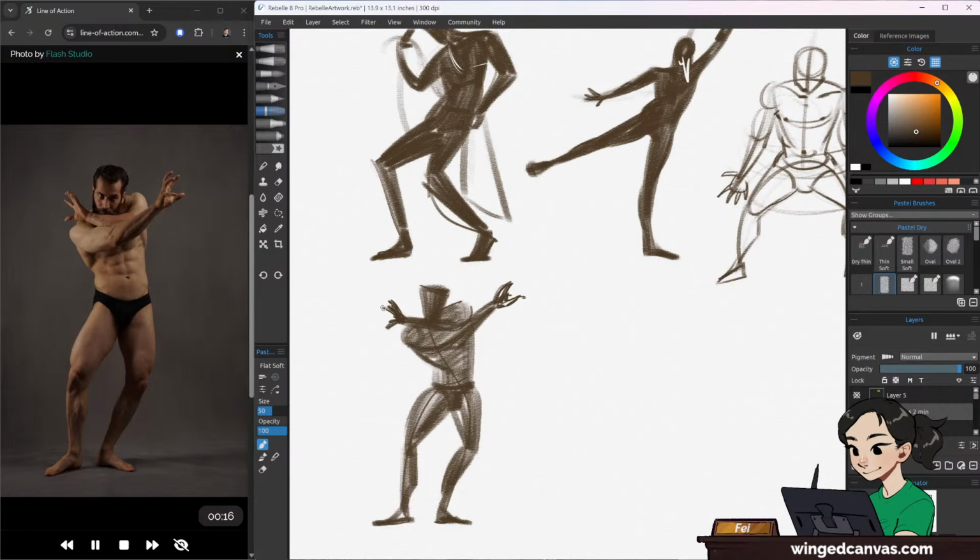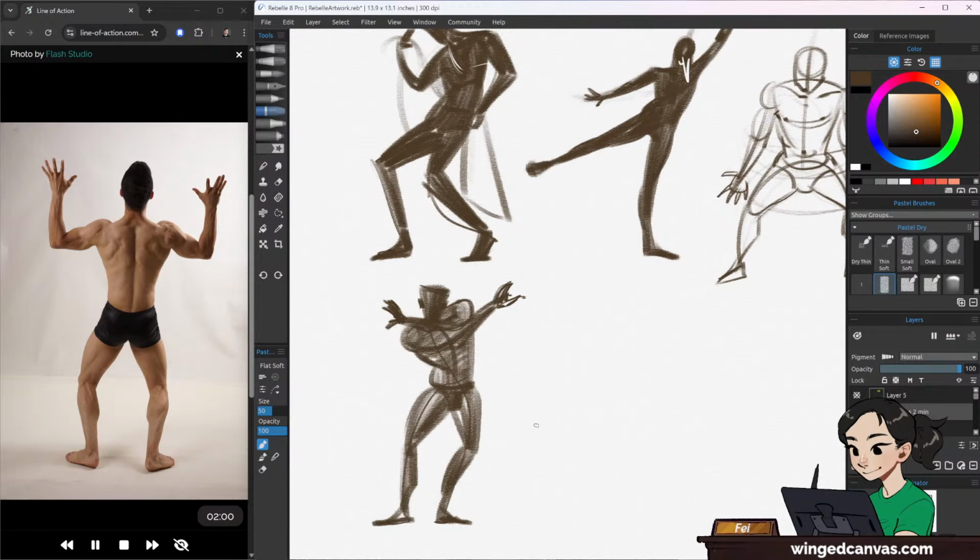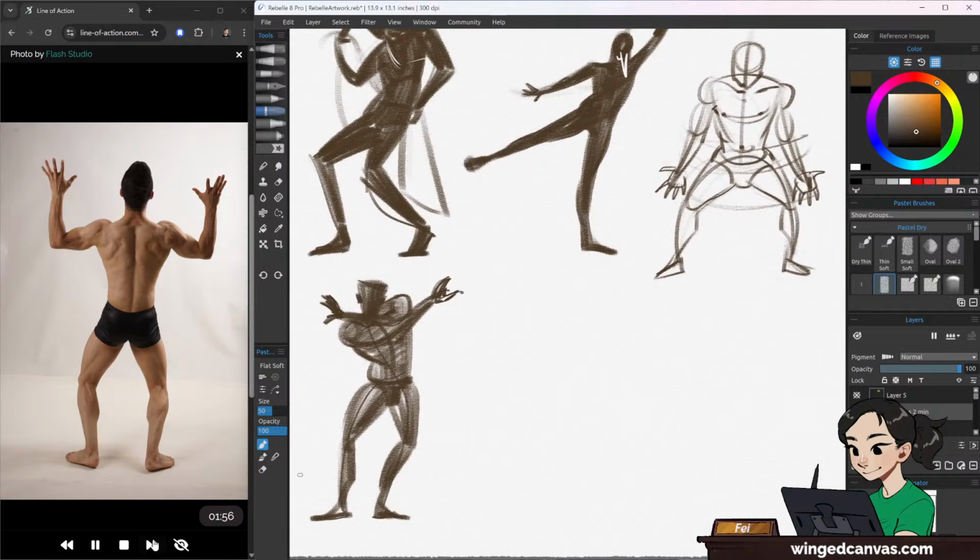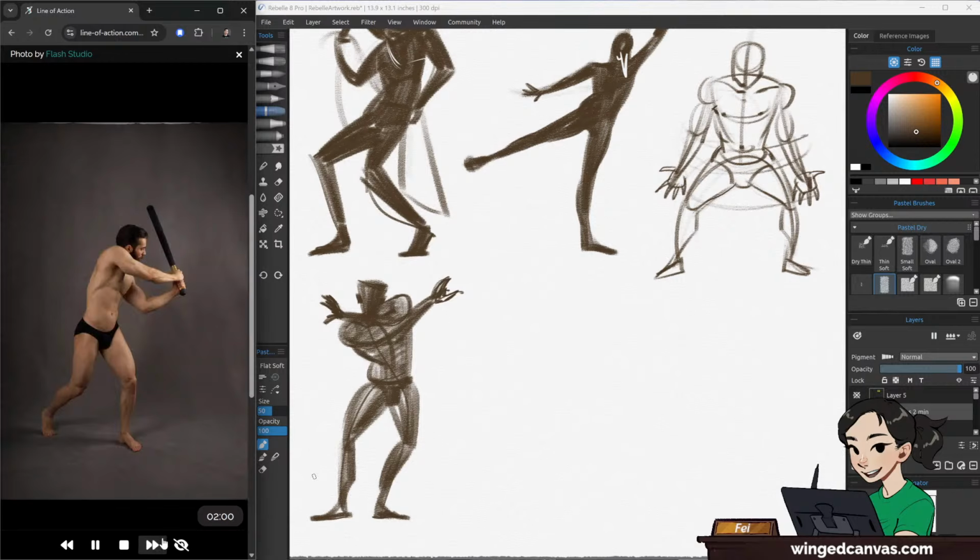Also, if you're working digitally, use bigger brushes. I'm gonna skip that one. These are all not dynamic enough for me. Okay, this one's pretty good.